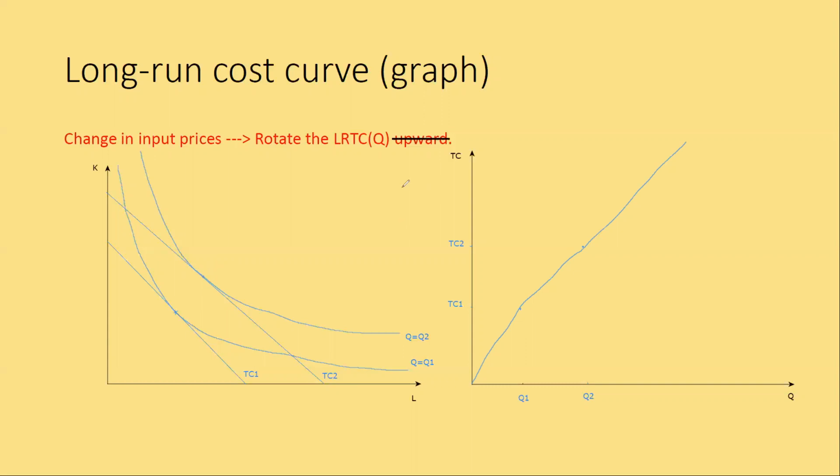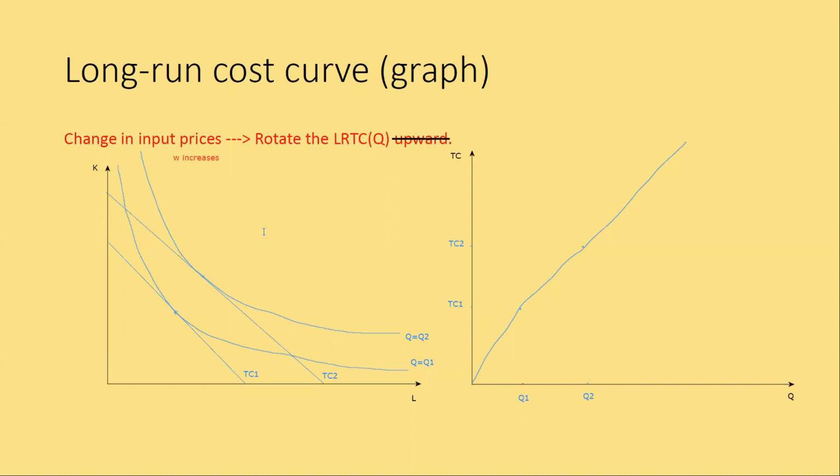Now, let's suppose the price of an input changes, and more specifically, let's suppose W increases, because that is what I had in mind when I prepared the slides. We know it's going to rotate our total cost curve upward, but I'm going to show you how that works.